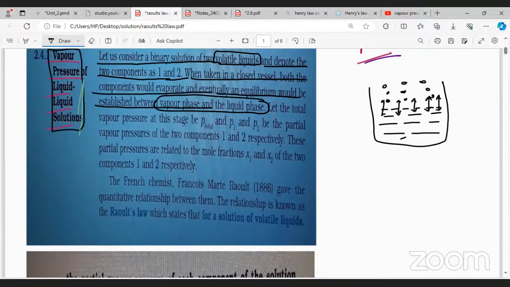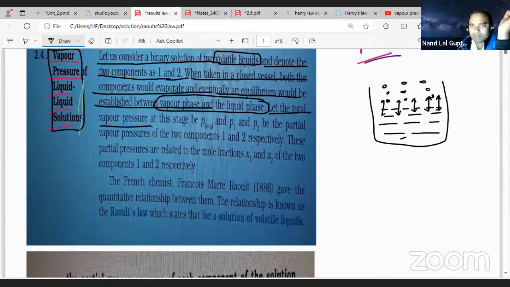Yes, sir. Okay. Let the total vapor pressure at this stage be P total. P total will be the sum of P1 plus P2, where P1 and P2 are the partial vapor pressures of components 1 and 2.